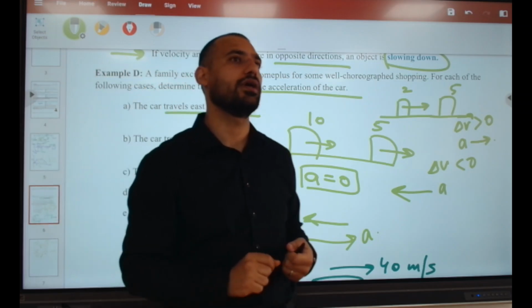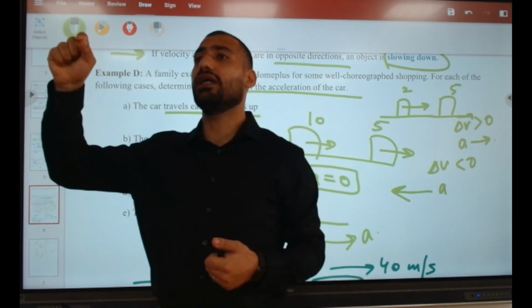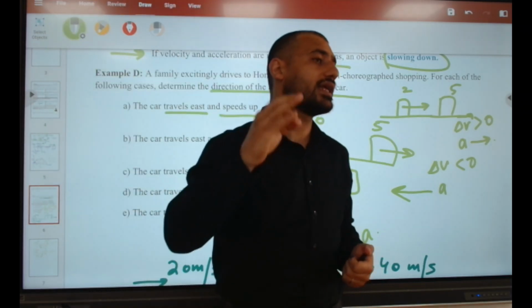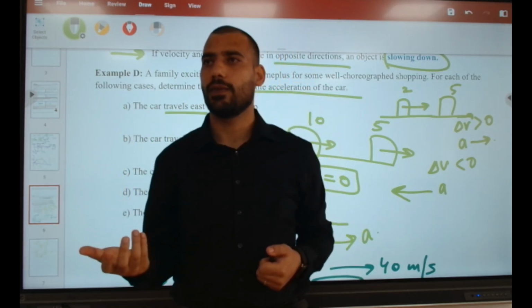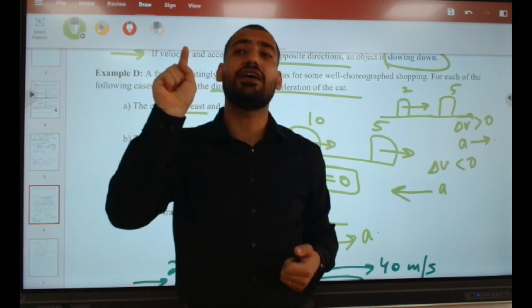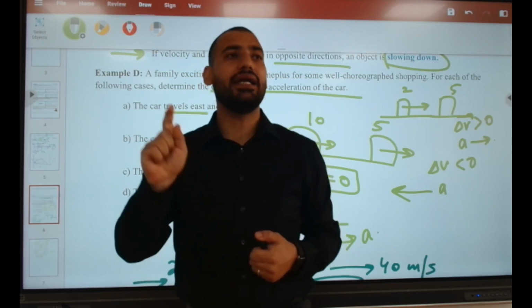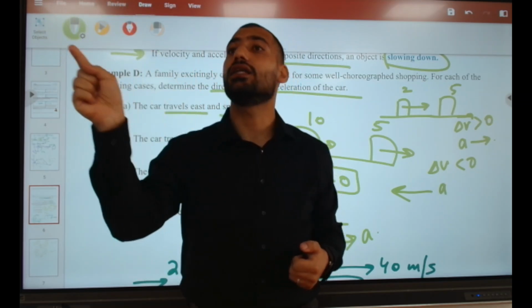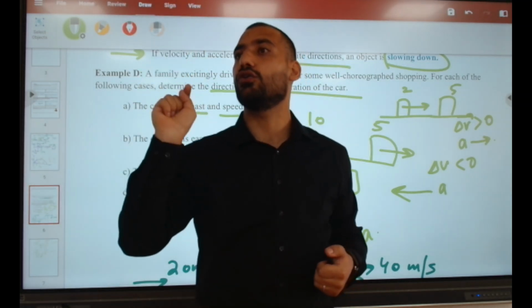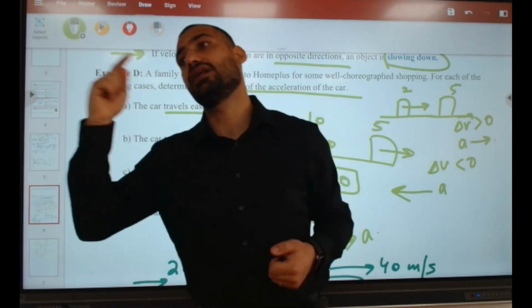Understand. Remember this point. If the velocity of the body is 0, there is a possibility that the body will have some acceleration. Why? Because you again forgot the definition of acceleration. I did not say the velocity of the body should be 0. I said the change in velocity should be 0. Then only acceleration will be 0.